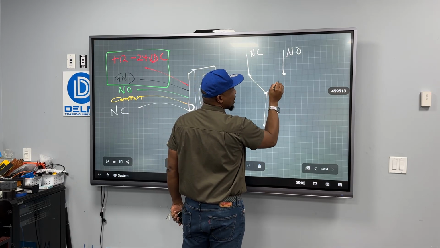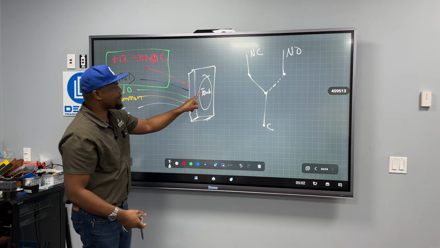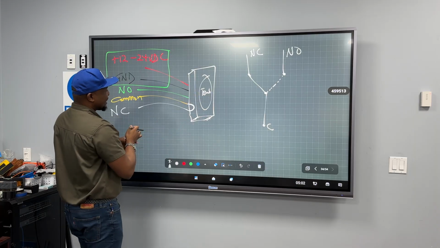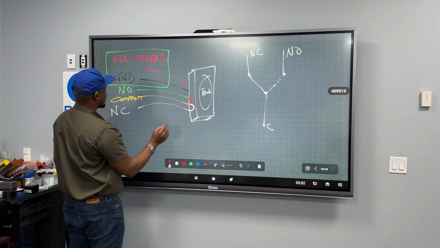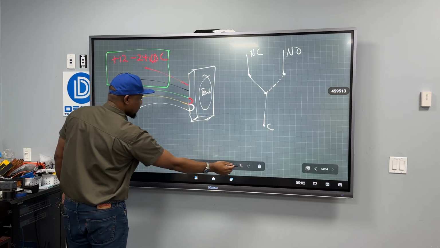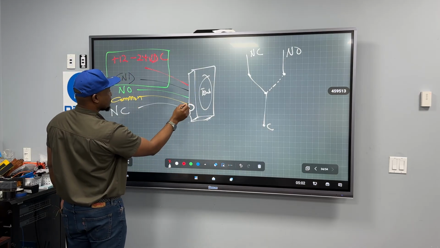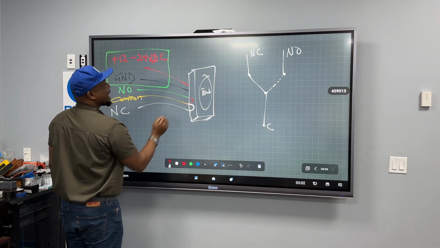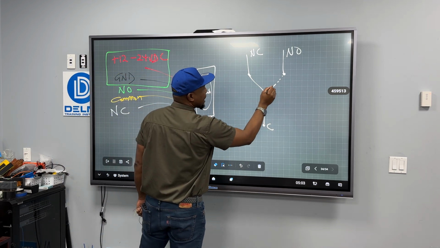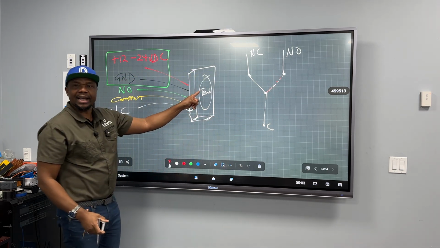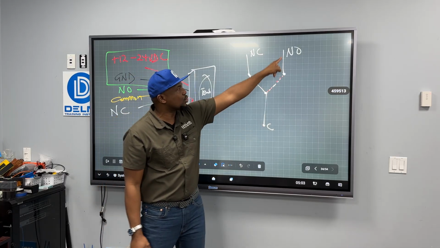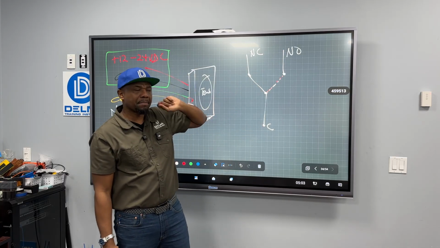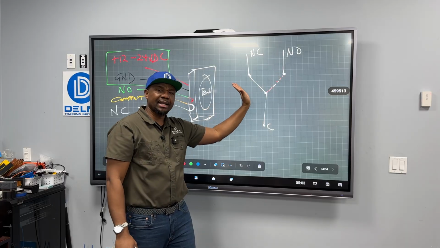So long as I keep my finger on the touch, this is going to switch like this. This is common, yes. Now whatever voltage I introduce here is going to come out from here. Once I take my hands off, this is going to come back like that.